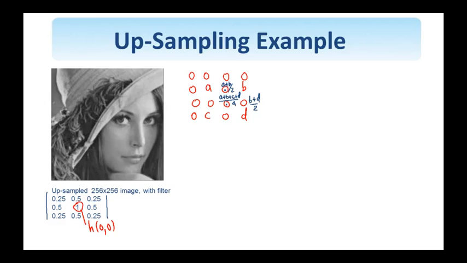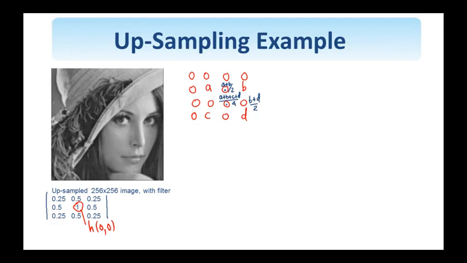Now what's happening in the frequency domain is that the spectrum of the low resolution, let's call it the 128 by 128 image, the 256 by 256 spectrum, which again we find by padding it with zeros as I showed earlier, is multiplied by the frequency response of the filter.